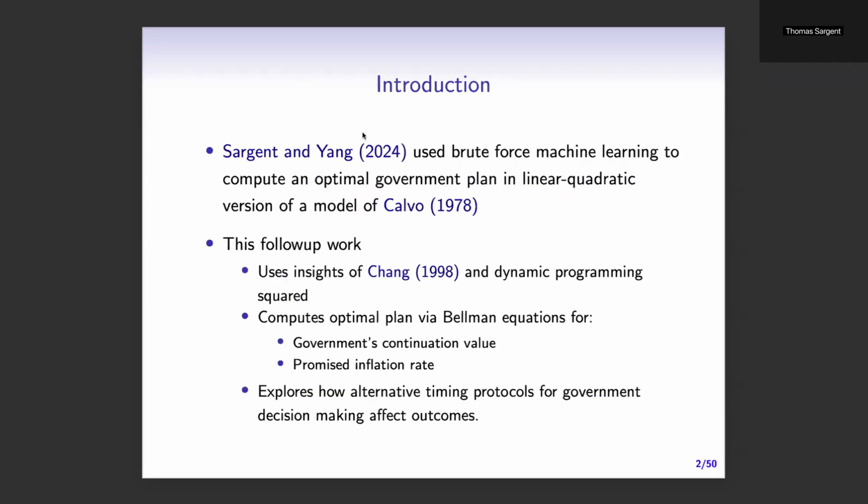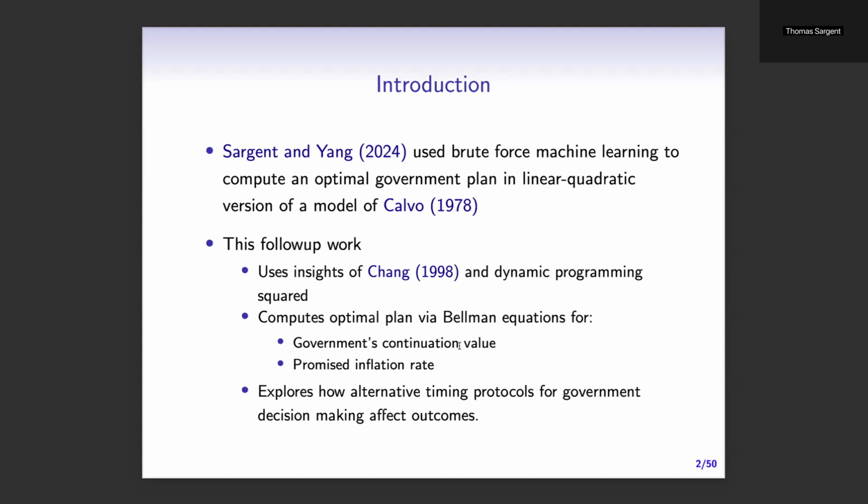This second paper is a sequel to our machine learning paper. So again, we're going to use insights of Chang and dynamic programming squared. We're going to compute an optimal plan via Bellman equations for, well, there's going to be two Bellman equations.